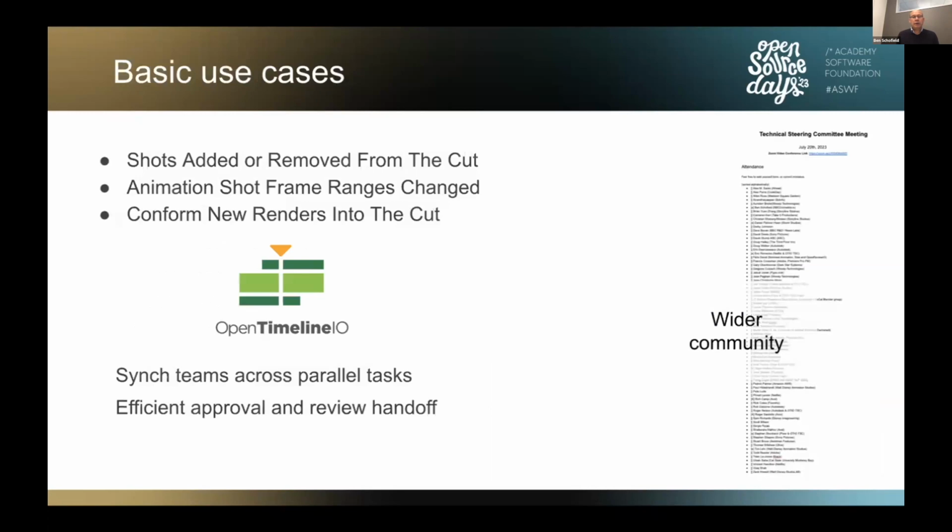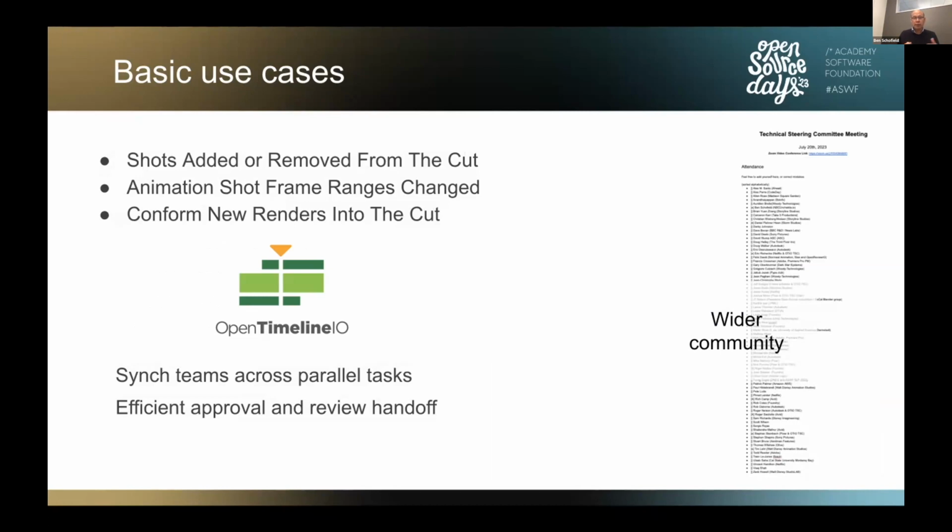So those use cases, if you look at them, are really quite simple, and it's about trying to focus on how you synchronize teams across different parallel tasks. This has come out of some really big, complex workflows in companies that have found these problems early, but it applies to companies of any scale.